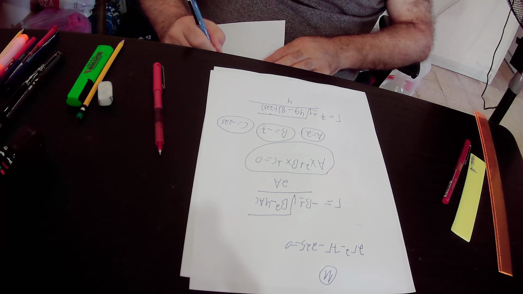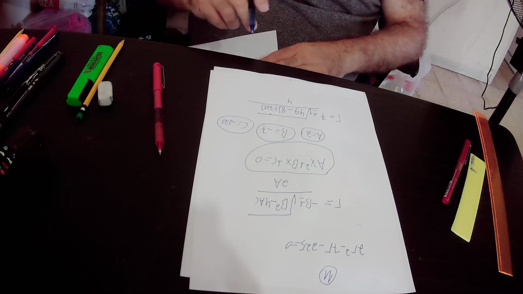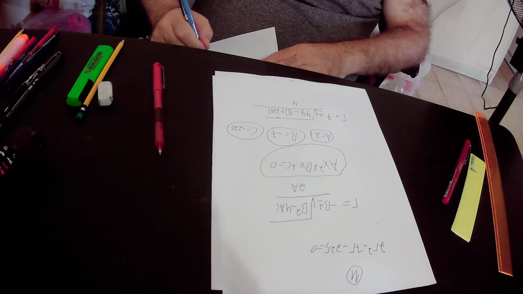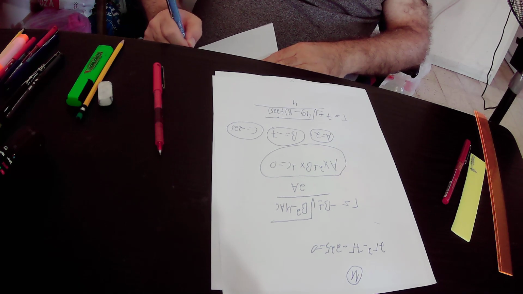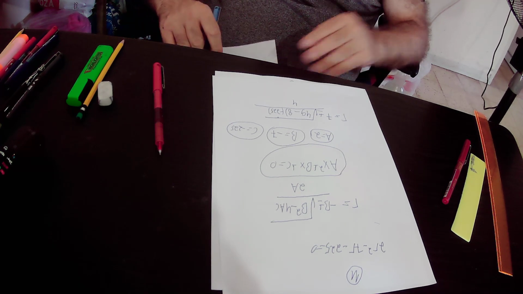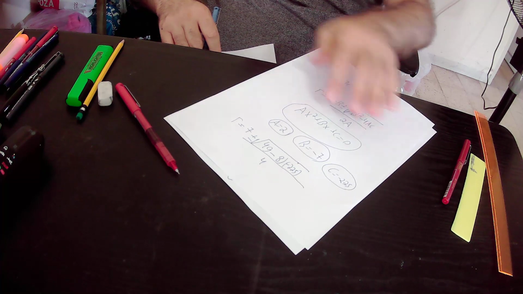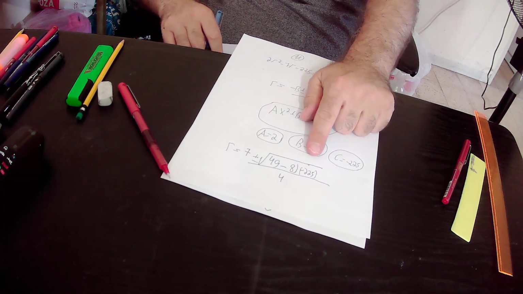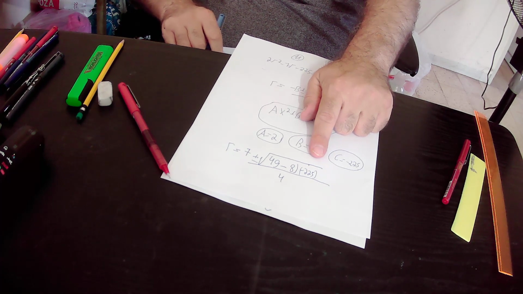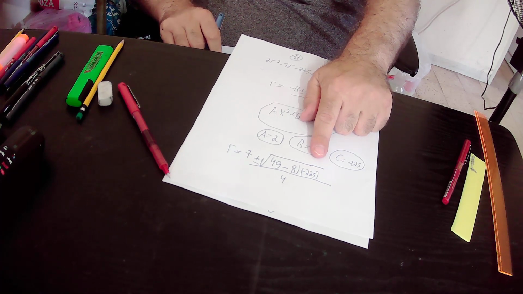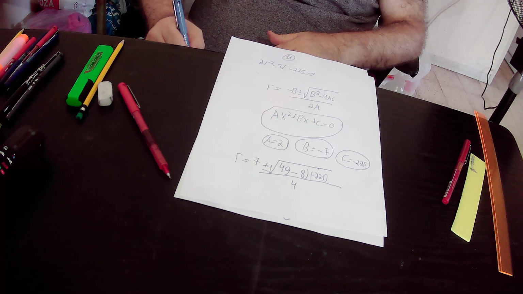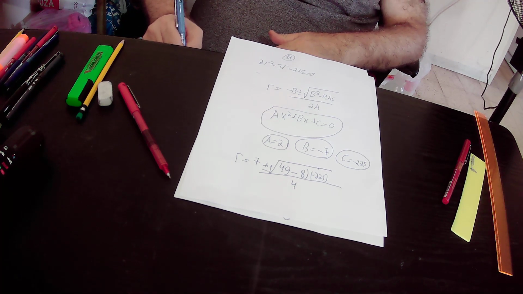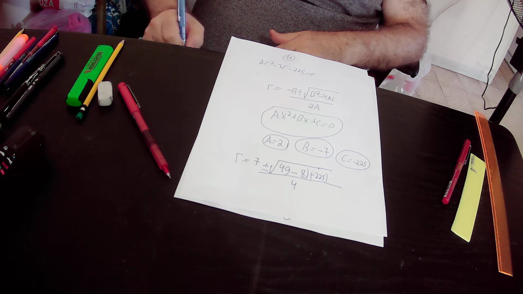of the circle will be equal to 7 plus minus the root of 49, and minus 8 times minus 225 is plus 1800, over 4.